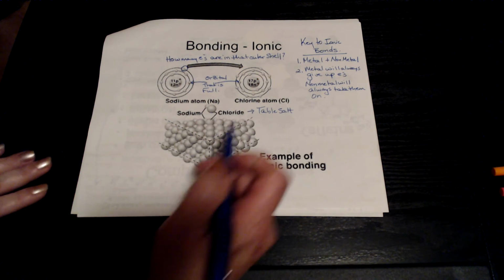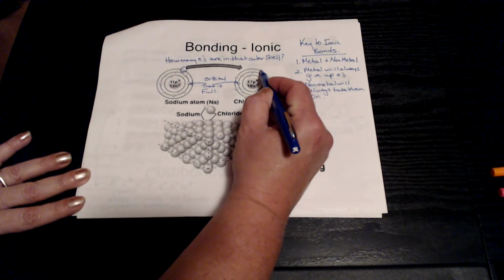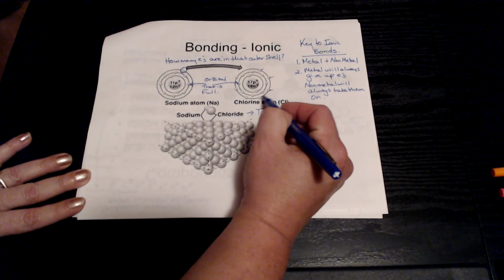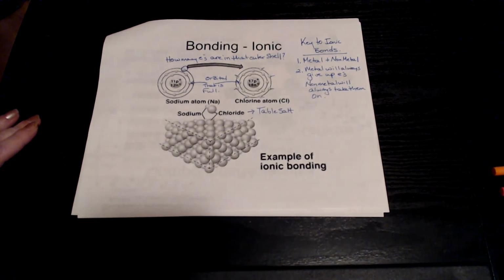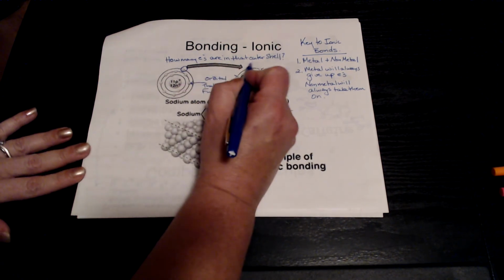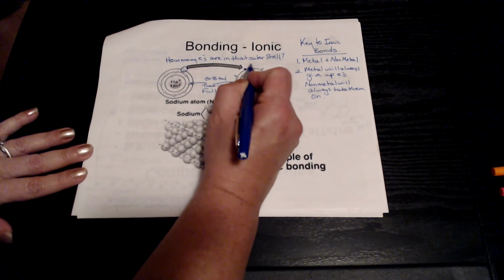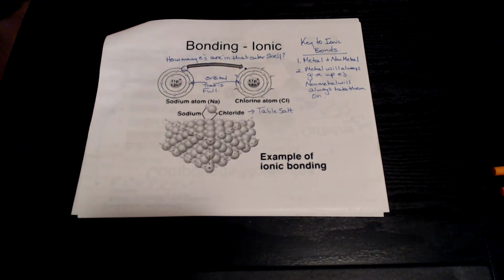Take a look at chlorine's on this side. He has 1, 2, 3, 4, 5, 6, 7 electrons in his outermost shell. If he could just get one more electron to fill the spot right there, then his outermost shell would be full. This is why this type of bond works between this metal and this nonmetal.